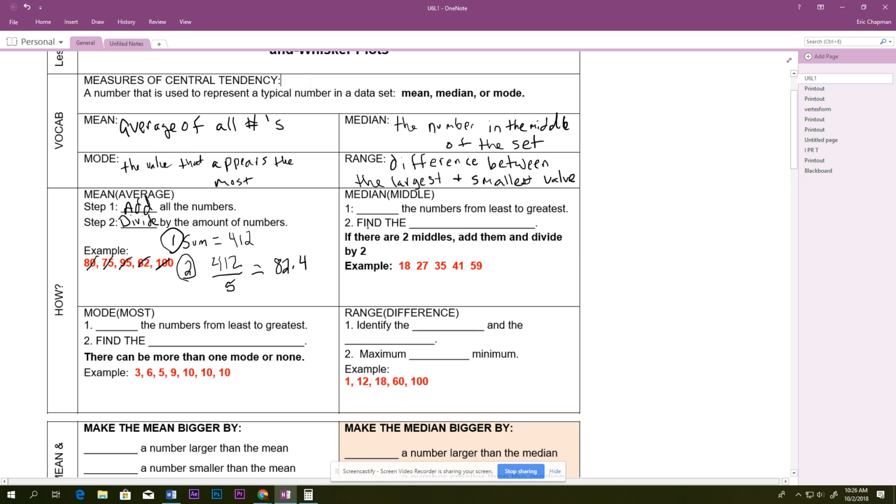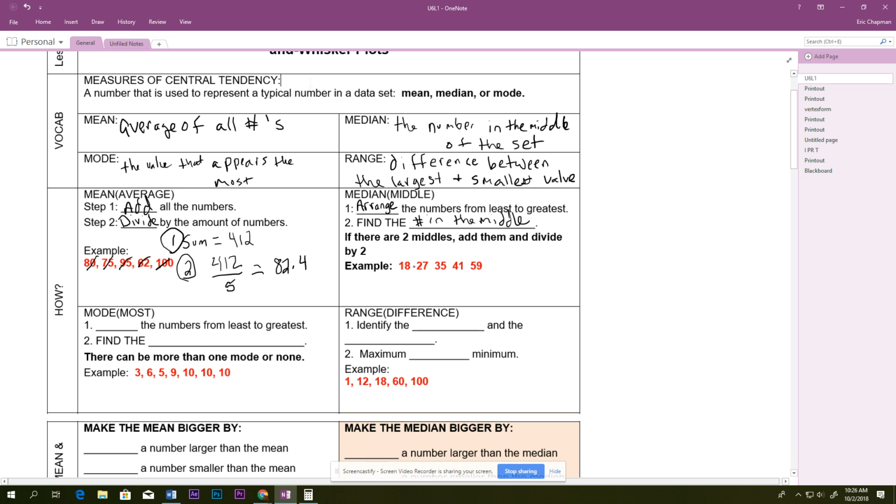Let's find the median. So we need to arrange the numbers from least to greatest, and then find the number in the middle. If there are two middles, add them and divide by 2.